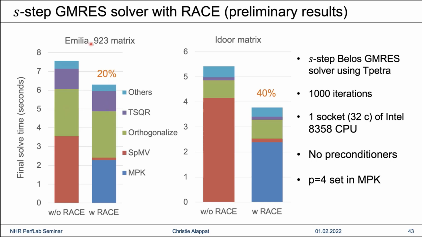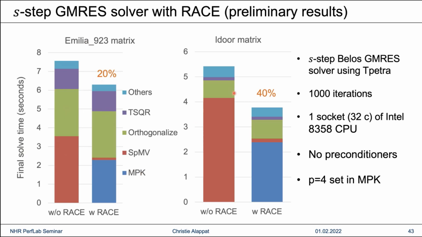For example, in this case, we have a speedup of 1.2x, so a 20% saving in time. And the red bar that was for SpMV is now substituted with our matrix power kernel from RACE, which is this blue one. And this requires much less time because of the cache.